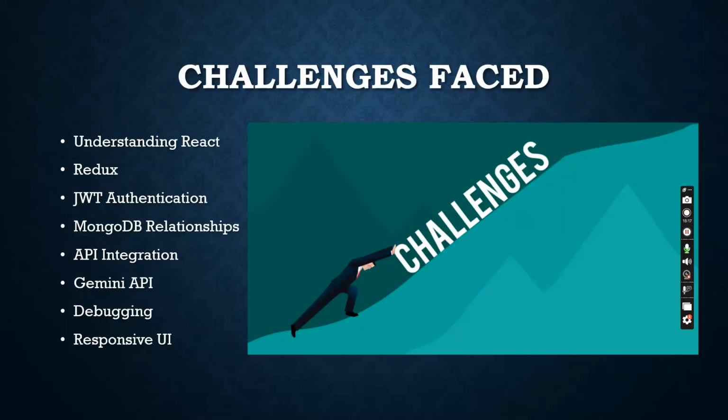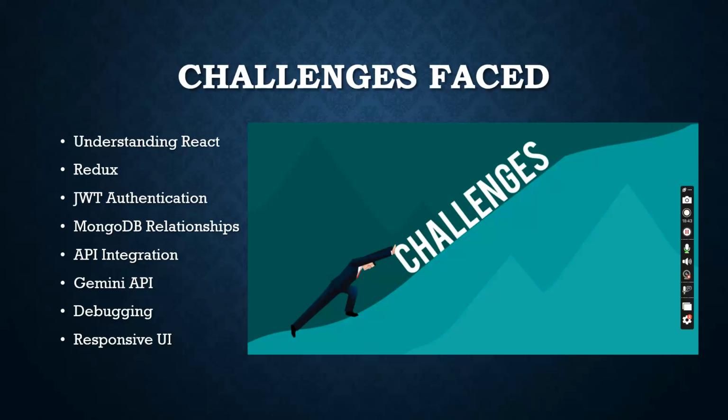Let's talk about the challenges faced during the development of the Food Genie platform. It was my first time interacting with all this stuff. It was my first time interacting with React JS. I had never used it, and the biggest challenge was Redux Toolkit. Managing application-wide state was completely new to me.